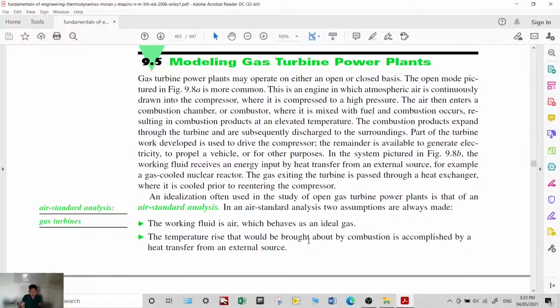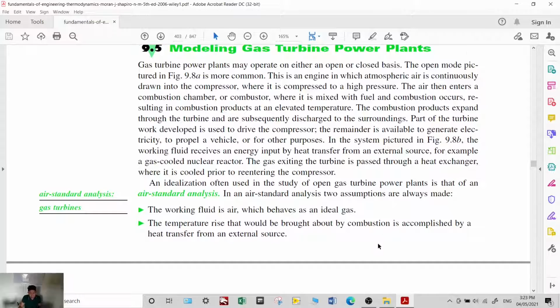The working fluid is air, so we neglect the complexities of the combustion process. There will be no change of phase, so we removed that, and for simplicity, we use air. This air behaves as an ideal gas. And the process of combustion which we eliminated, we replace with an external heat transfer source.